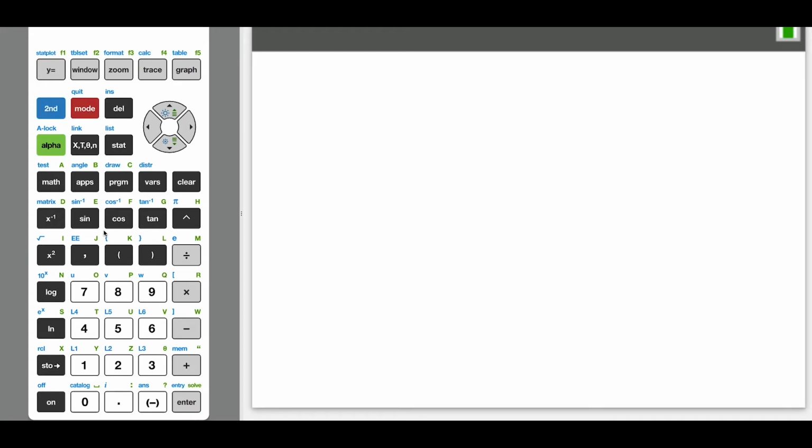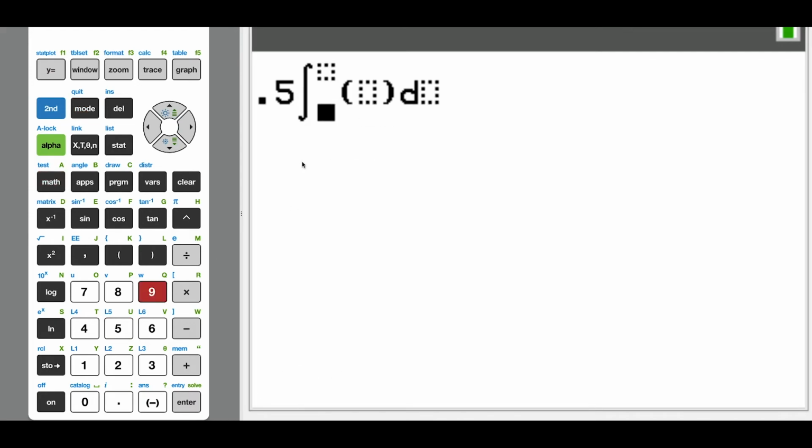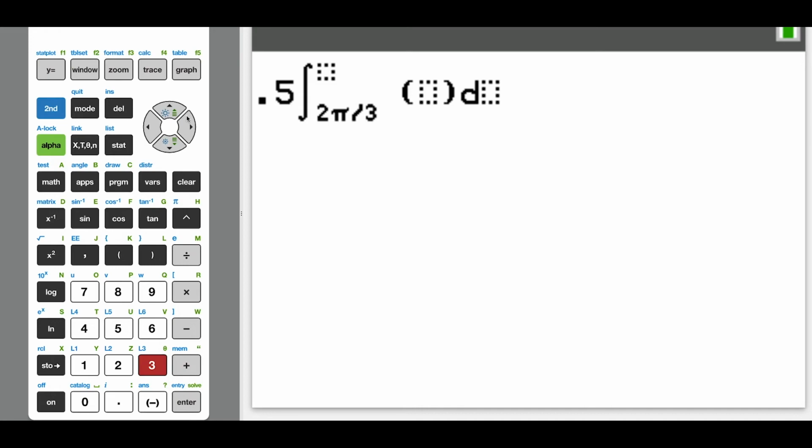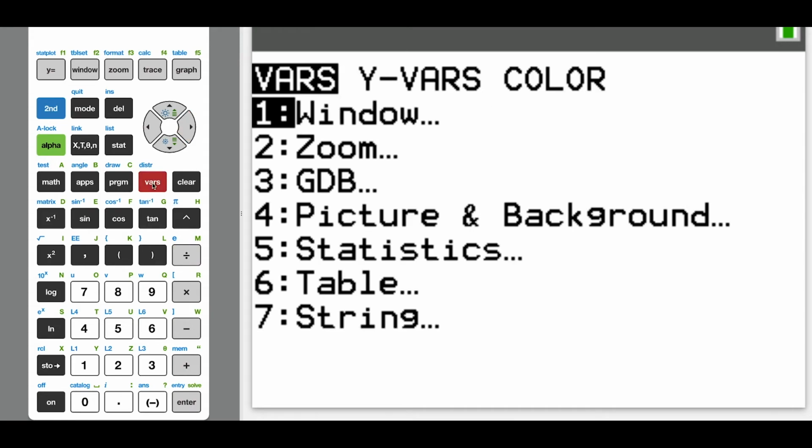So if we go back to the main screen here, the formula is 1/2, so we could write 0.5. And now Math 9 pulls up our integral here, and our limits were 2 pi over 3. So we write our lower limit 2 pi over 3, and our upper limit is 4 pi over 3. Now we could just retype the function all over again, but the shortcut is to press VARS.